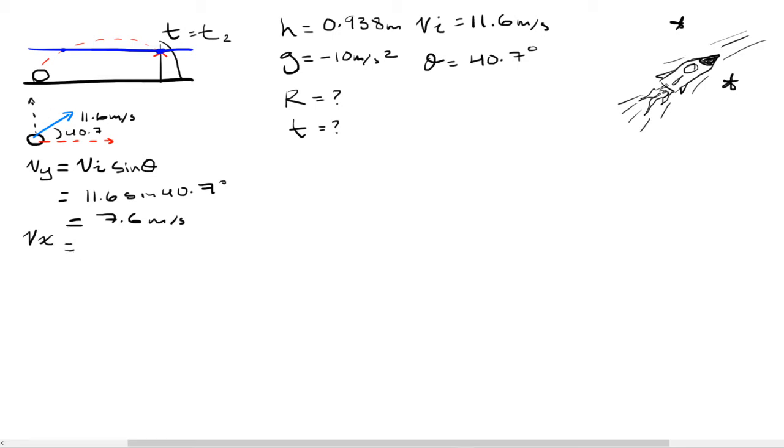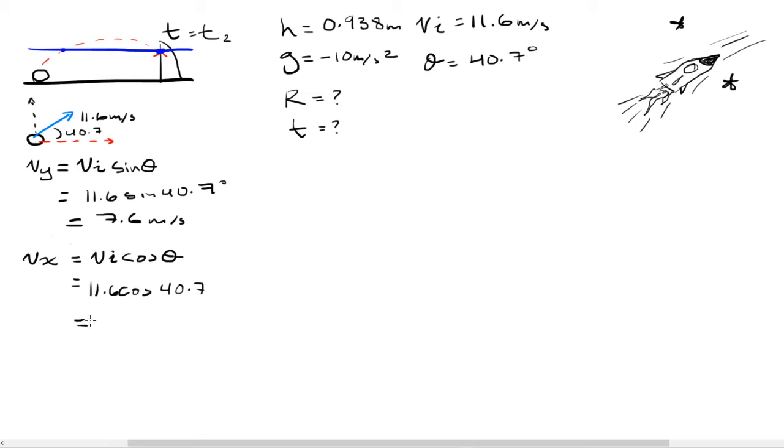We're going to do the same for the velocity in the x. That's a little bit different though. For the velocity in the x direction, it is the initial velocity times cosine of theta. That's going to be 11.6 times, oops, not sine, cosine of 40.7.